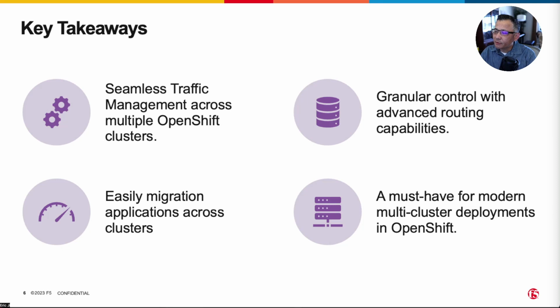Every several seconds, the secondary instance will check the health of the primary instance. If it detects any failure, the secondary CIS instance will take over and act as the primary. In this way, we can ensure consistent traffic management and that all the applications will stay accessible.